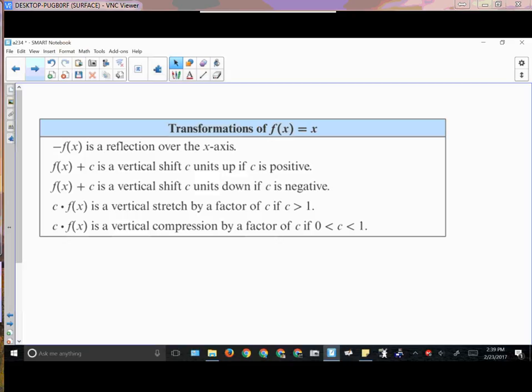Plus C, vertical shift up, plus C or minus C goes down. Then if we take a look at the multiples of it, well, if you multiply it by a number bigger than 1, it should get bigger, right? If you multiply it by a fraction, it should get smaller.